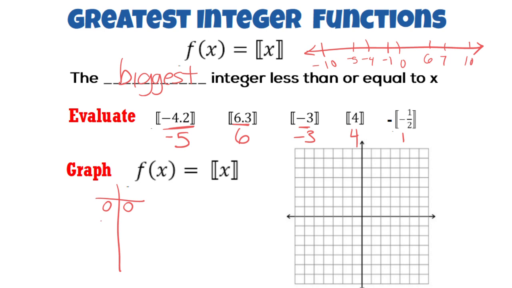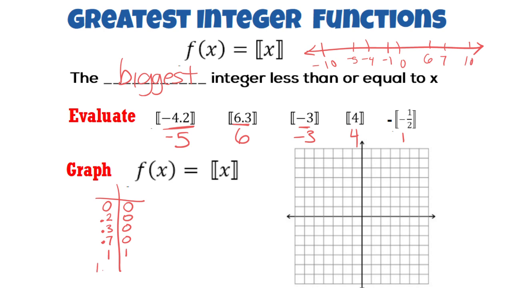So I'm going to put in a 0.2. On your number line, a 0.2 would be right here, and you always got to go left, so it would be 0. If I put in a 0.3, it's still going to be a 0. Put in a 0.7, still going to be a 0. It's going to stay 0 until I hit the next integer. And when I hit the next integer, it's going to be that integer.